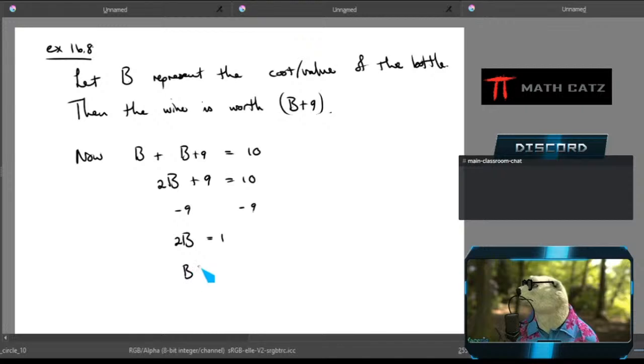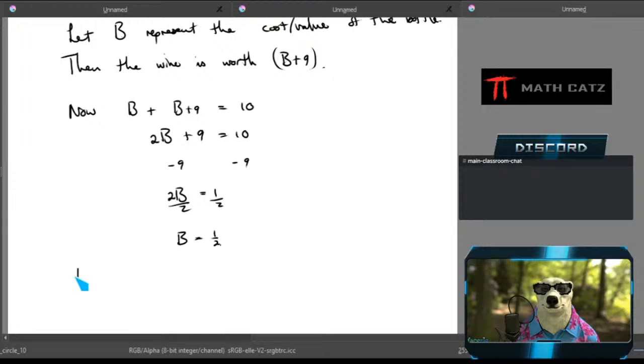Divide both sides by 2, and b equals a half. Or, because it's a dollar value, I can say 50 cents. So the bottle costs 50 cents, and the wine is then $9.50. Contrary to what my intuition may have wanted me to say.